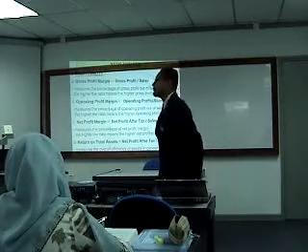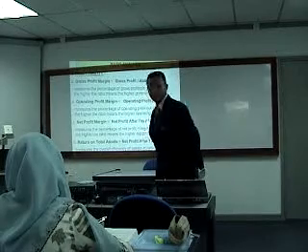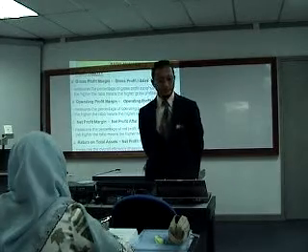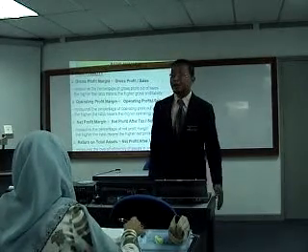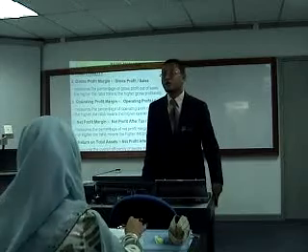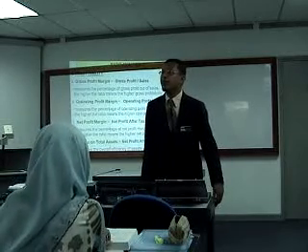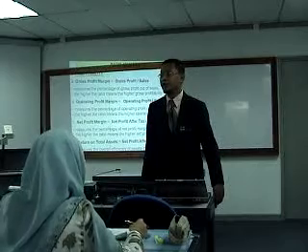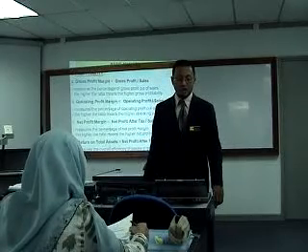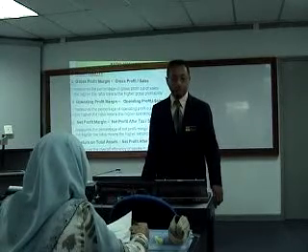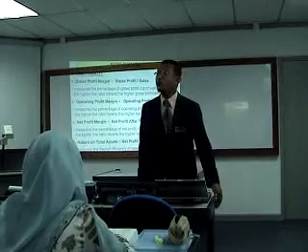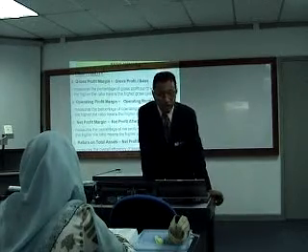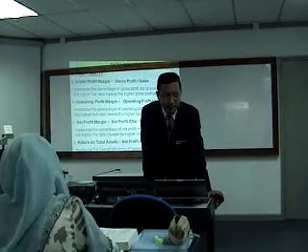Okay, the next one. Profitability ratio. I've mentioned before that profitability ratios measure the profitability of the company. We have gross profit margin, operating profit margin, net profit margin, and also return on total assets.